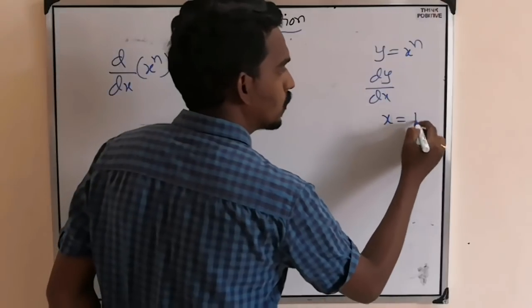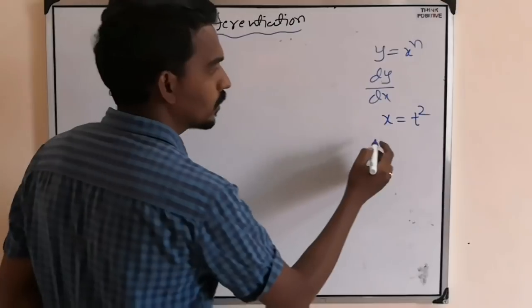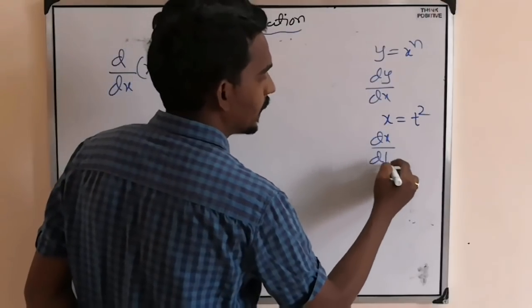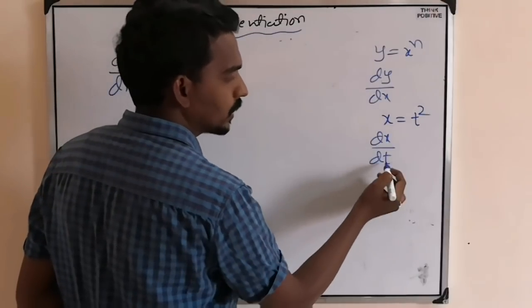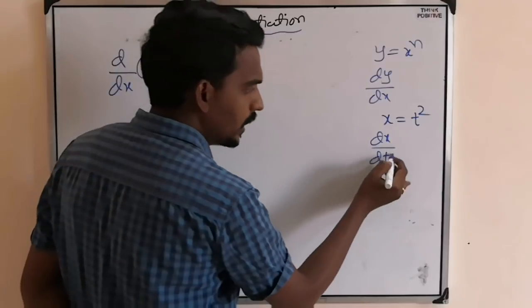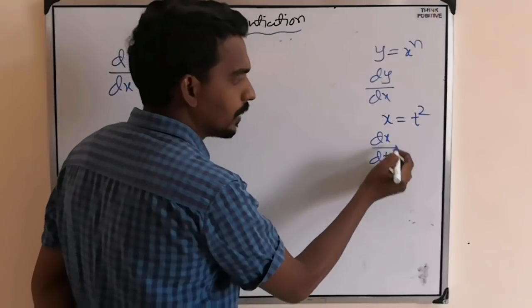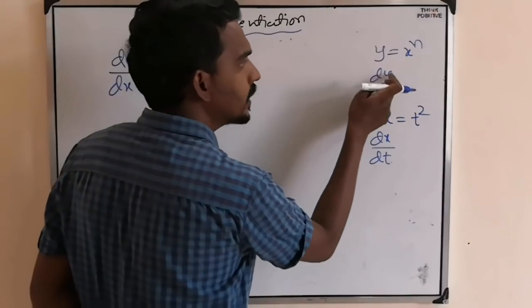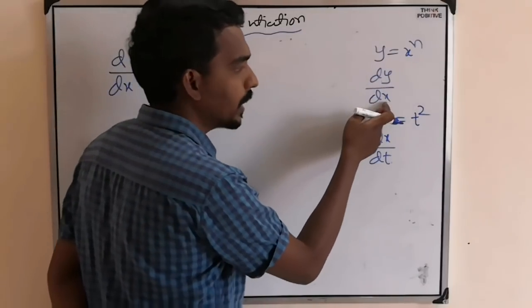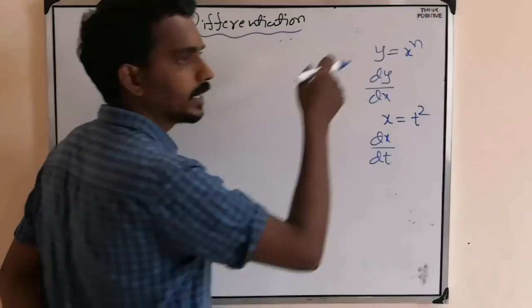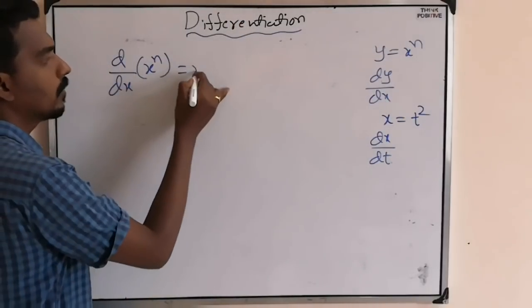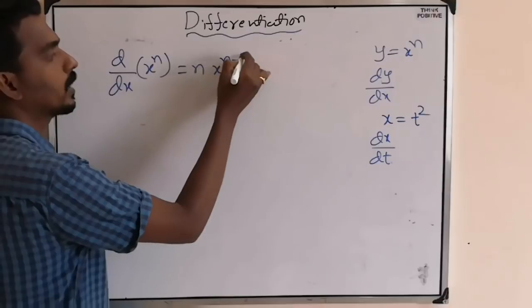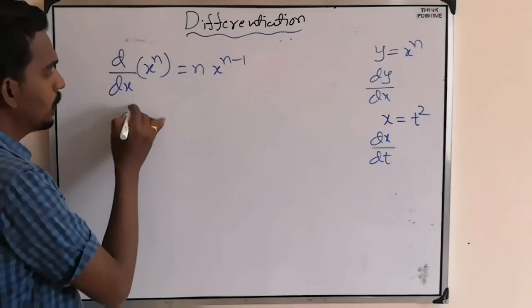Or I gave you like x equal to t square, then you can find dx by dt, differentiation of x with respect to t. So t is the variable on which x depends. You can differentiate a function with respect to the variable on which it depends. And the formula will become n into x power n minus 1.